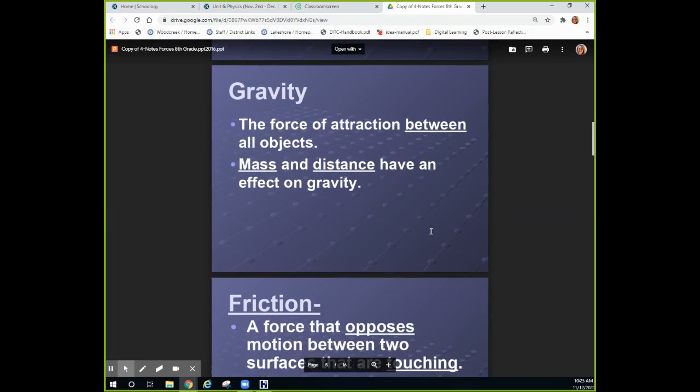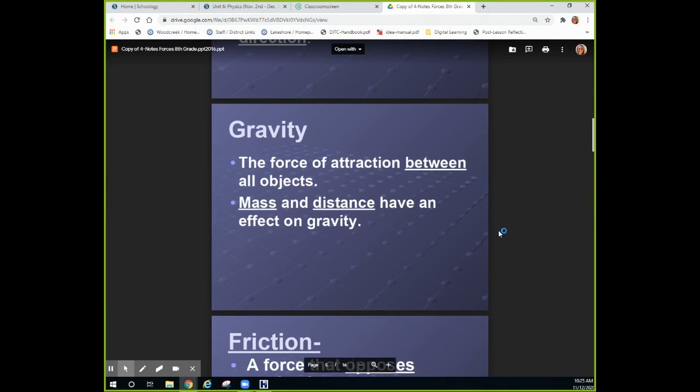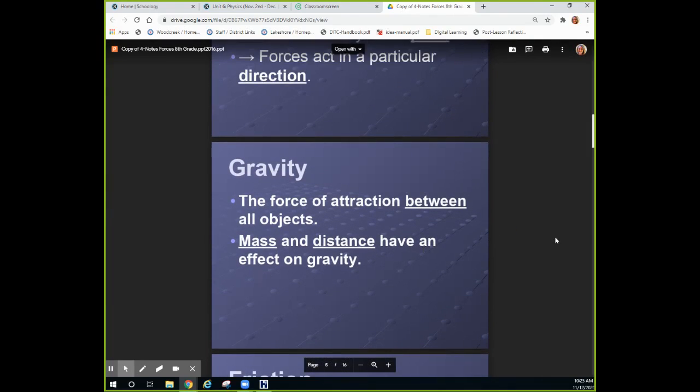So when we talk about gravity, gravity is always present unless you're in space, and even then it's present. But gravity is always going to be a factor here on Earth. It's the force of attraction between all objects. Mass and distance have an effect on gravity. So for example, me as a person, my mass keeps me on the ground. In fact, gravity usually pulls me faster.